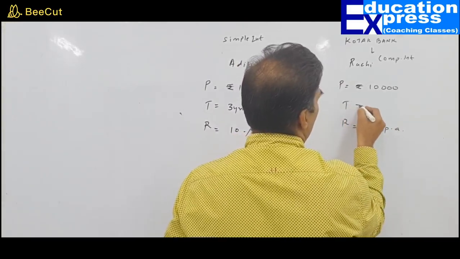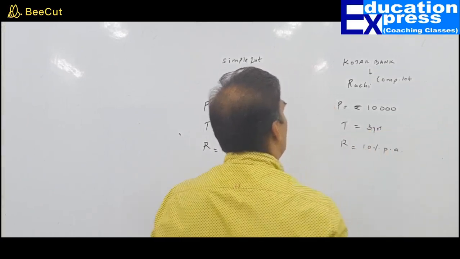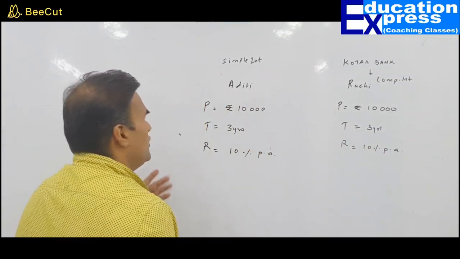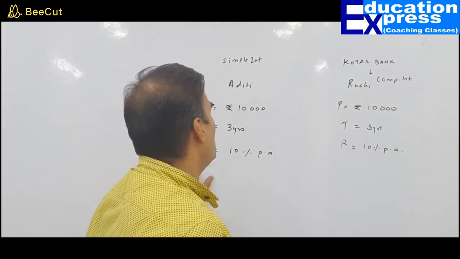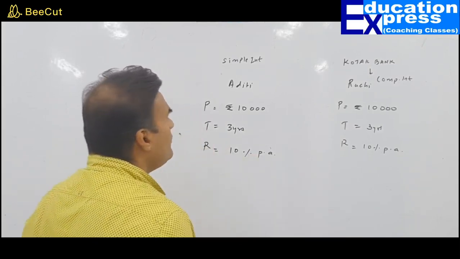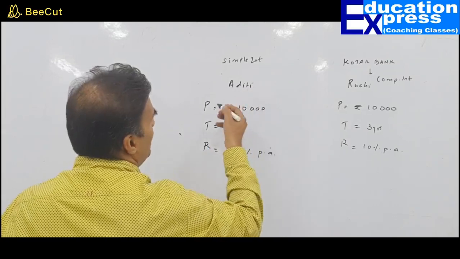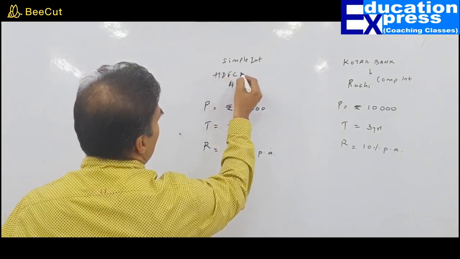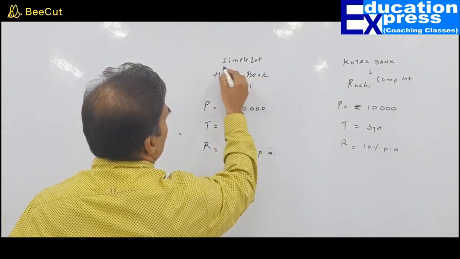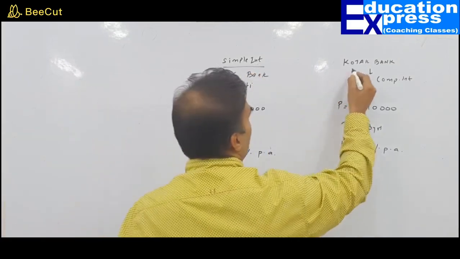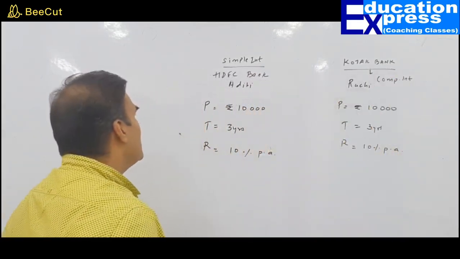What is the investment horizon? Again same, 3 years. So Aditi, Ruchi, two different friends, two different persons. Both of them selected two different banks. HDFC Bank, which pays simple interest, and Kotak Bank, which pays compound interest.